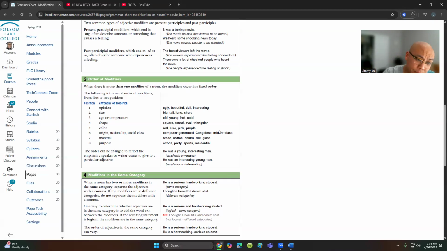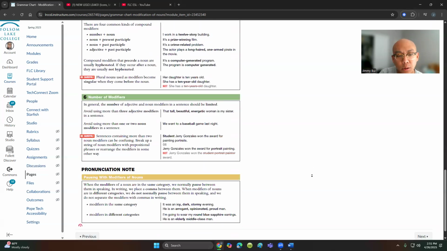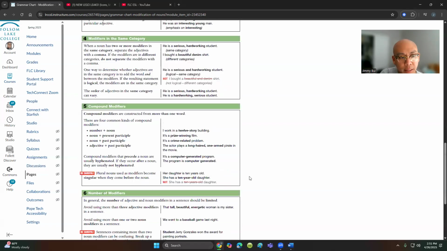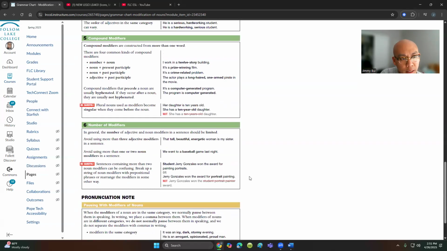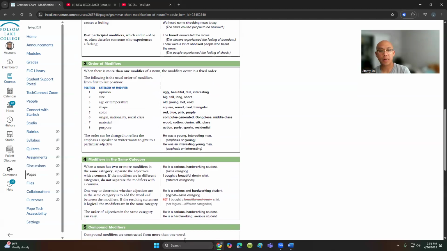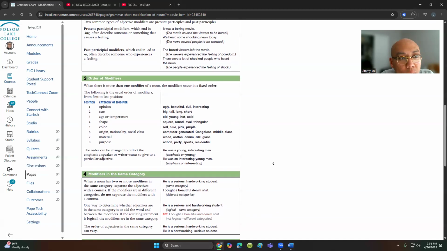Usually the rule is followed precisely, but there are a couple of exceptions, and that is one of them when you want to emphasize a specific adjective. But in general, following this position is the correct way to describe a noun.